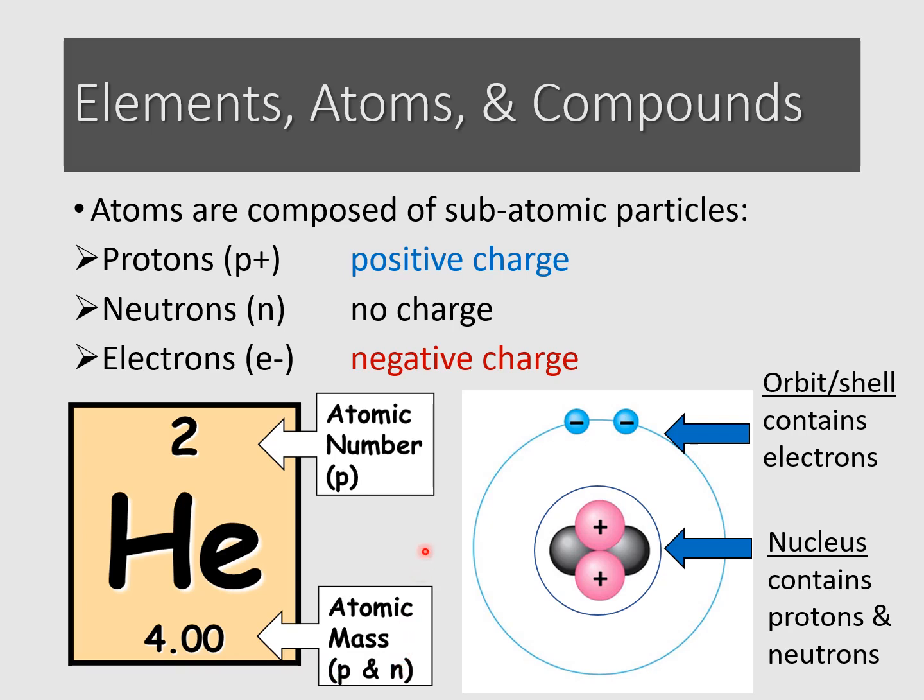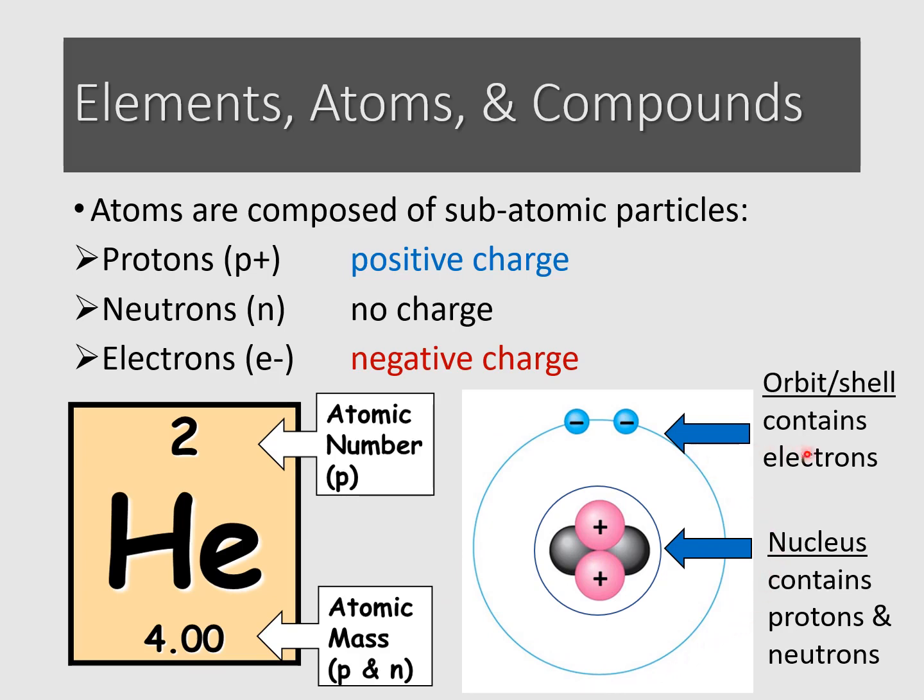Another way to draw an element shows the actual particles themselves. In the nucleus of the atom, you have your protons and your neutrons, which make up that atomic mass. Then out in these shells or orbits, as we call them, are the electrons.